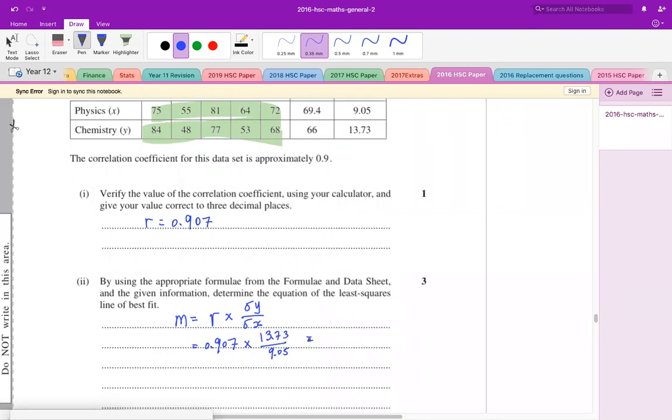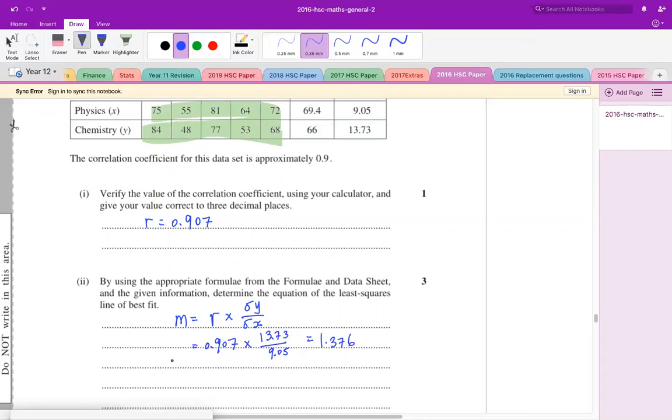Does anyone have the answer to this? No one's done it? I got 1.376. 1.376. All right, thank you. Thank you both.